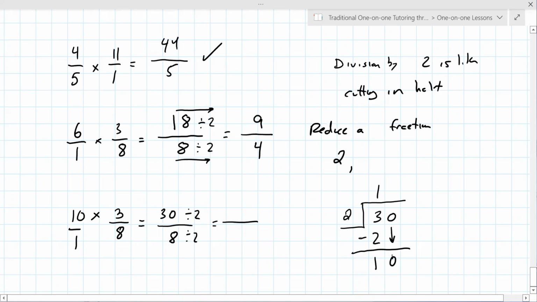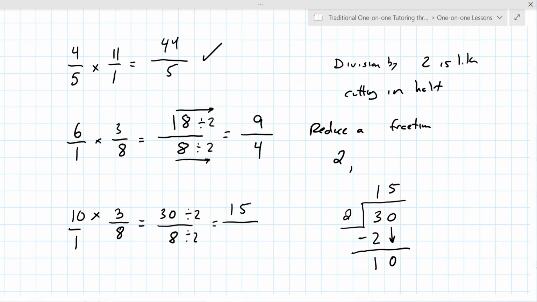How many times does 2 go into 10? 5 times. That was the part that I got wrong. Okay, you're almost there. What is 8 divided by 2? 4. Good.